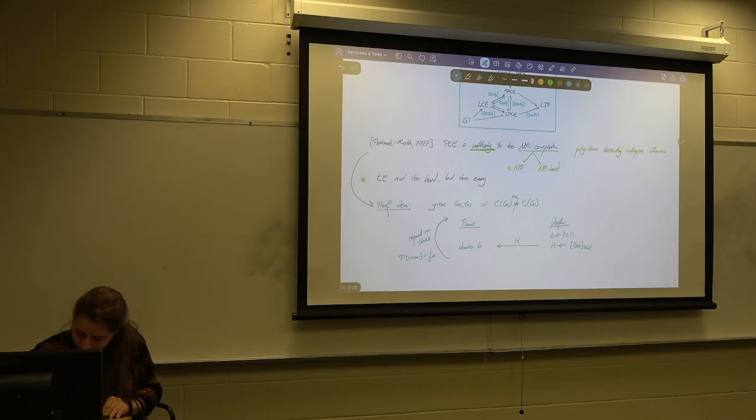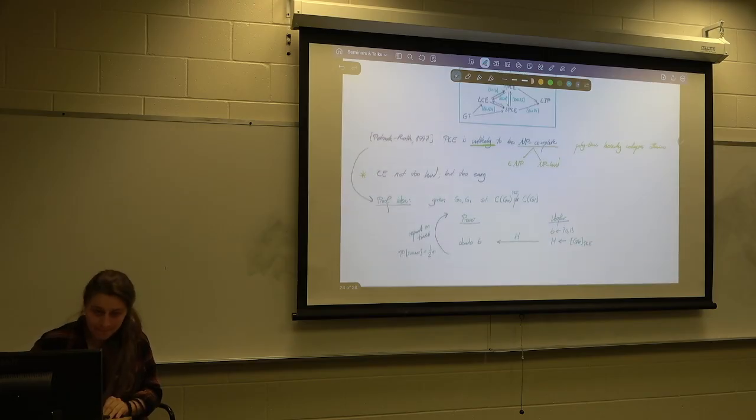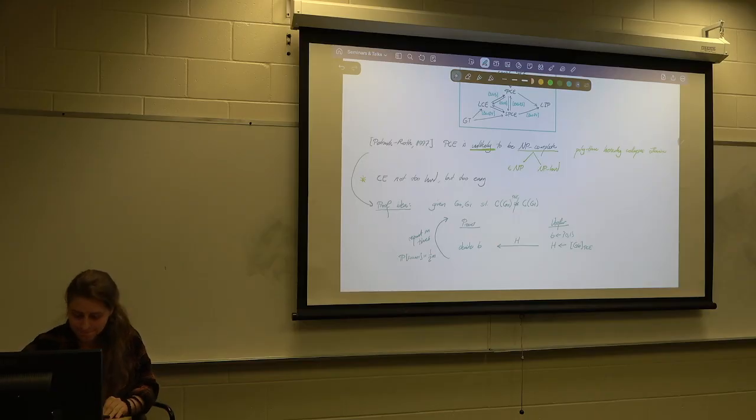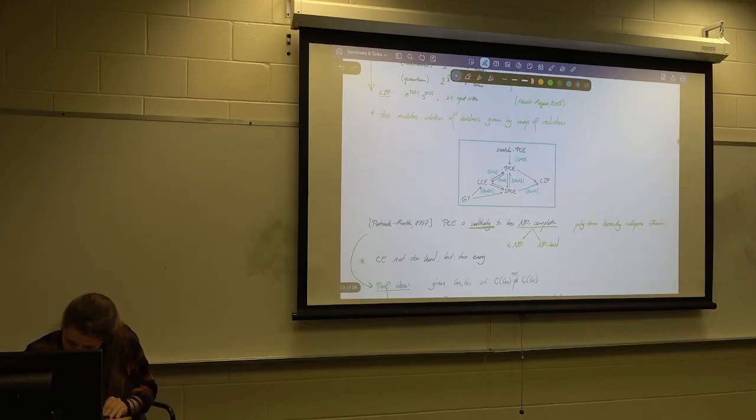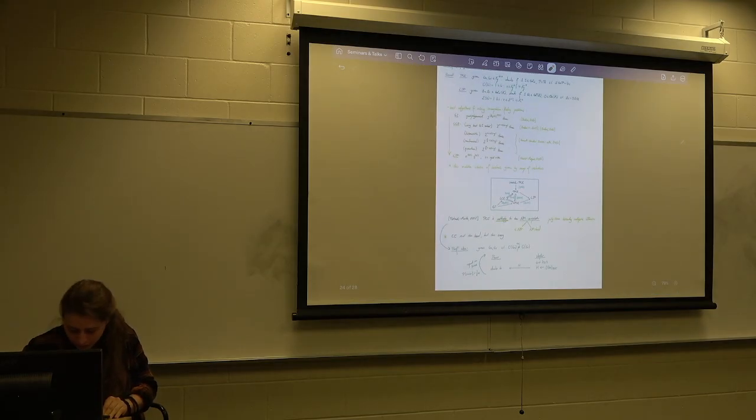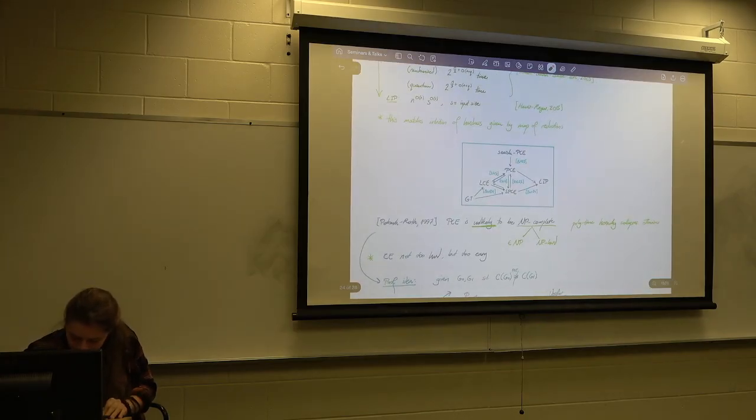I have a question not directly related to that, but the map you have above shows that SPCE reduces to LCE and vice versa. Last time you only had one of those directions. Well, there are two separate works.